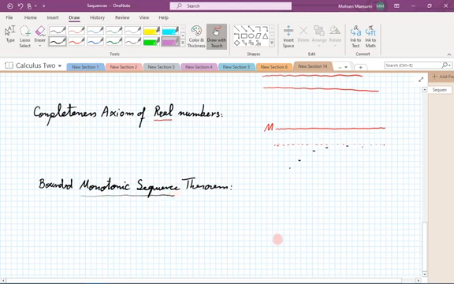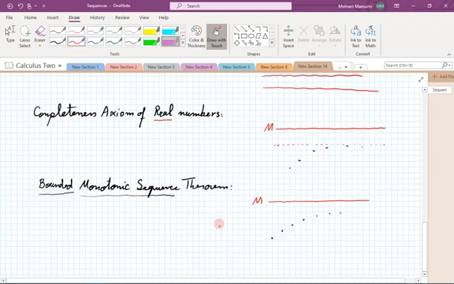Monotonic, you remember what we said, is either going up or going down. So suppose I have a sequence that is non-decreasing, or simply stated increasing. Okay, so suppose I have a sequence that's going up, and in addition to that it is bounded. So bounded means both bounded above and bounded below. So we are saying that there is a number where this is larger than all the elements of your sequence.